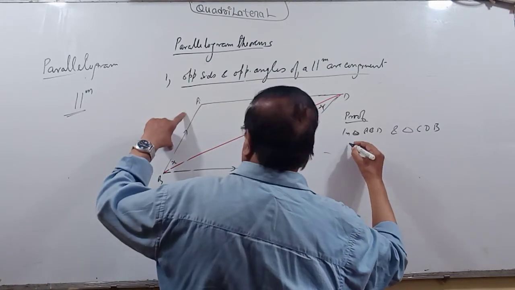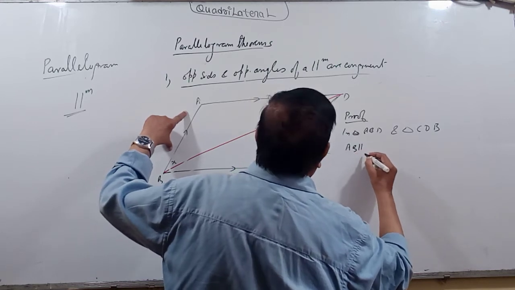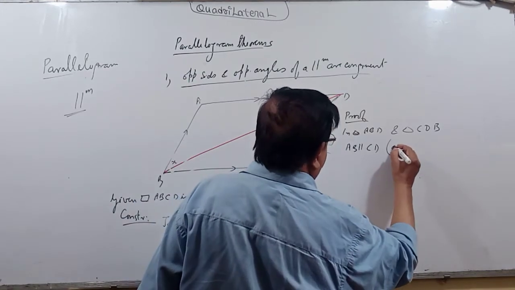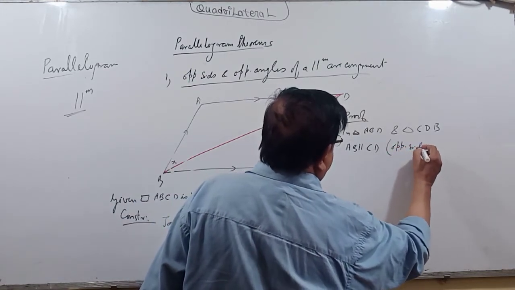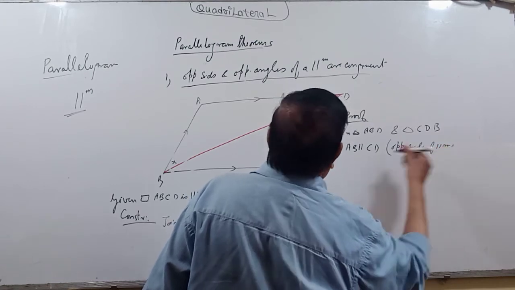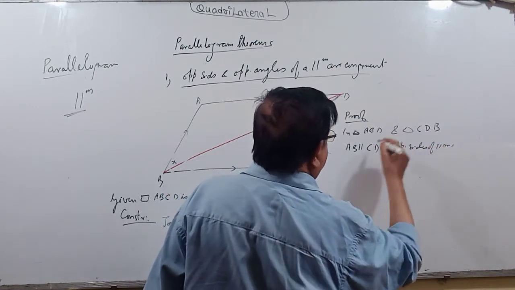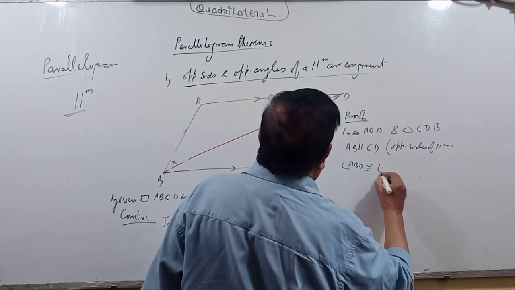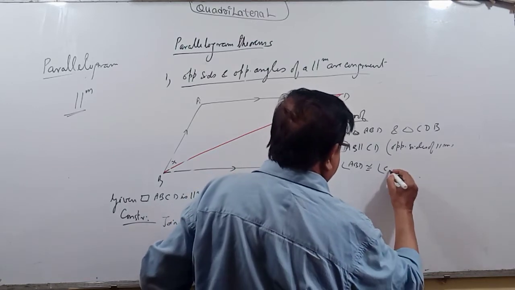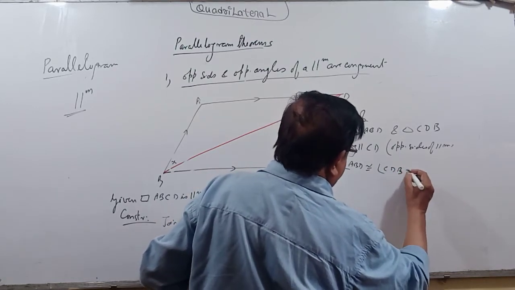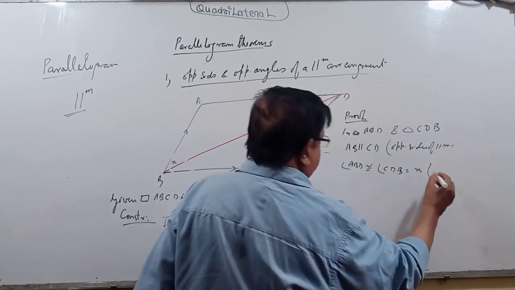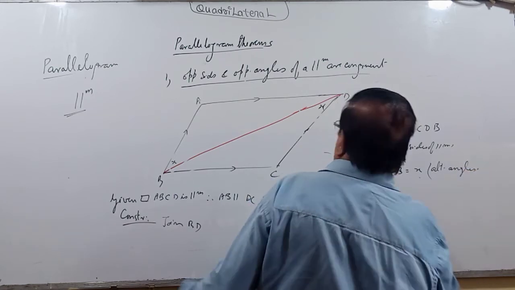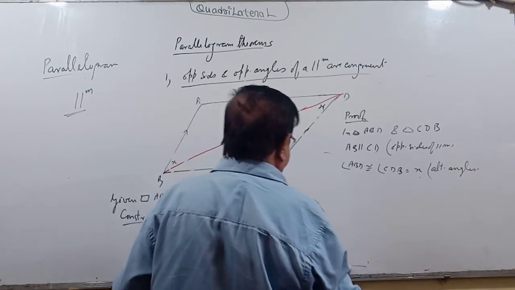We will say AB is parallel to CD because these are opposite sides of a parallelogram. Therefore, angle ABD is congruent to angle CDB, equal to X. Alternate angles of these two parallels.